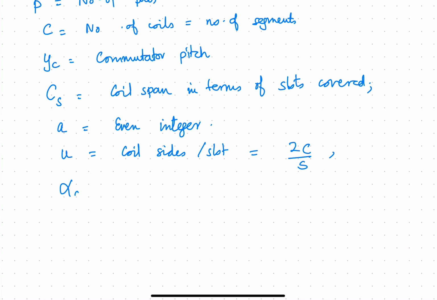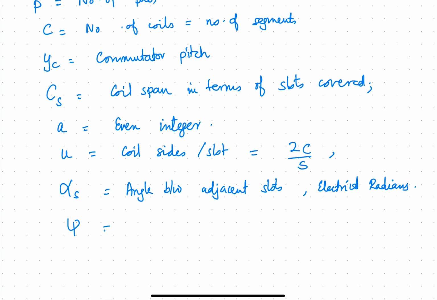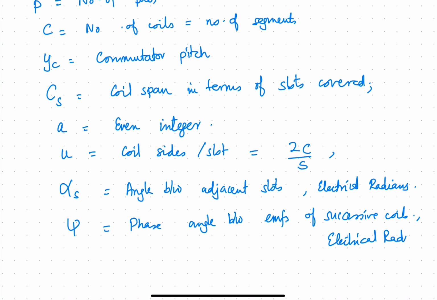Then we have another parameter, alpha S, the angle between adjacent slots. This is measured in electrical radians. Psi is the phase angle between EMFs of successive coils, again in electrical radians.